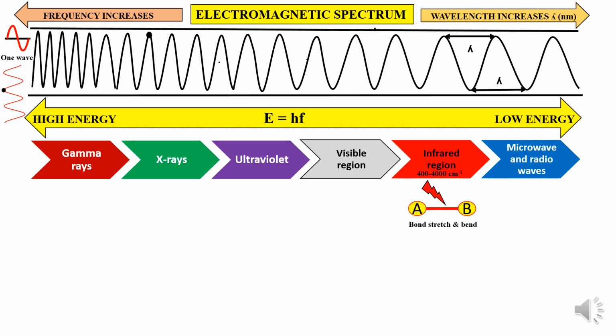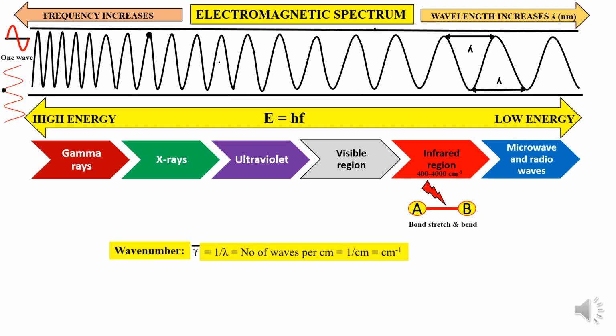Now the infrared region in the range of 400 to 4000 centimeter inverse induces bond vibrations. That is, it has sufficient energy to bring about both bond stretching as well as bond bending. So that is the significance of this region. So it can induce bond vibrations like bond stretching and bond bending.